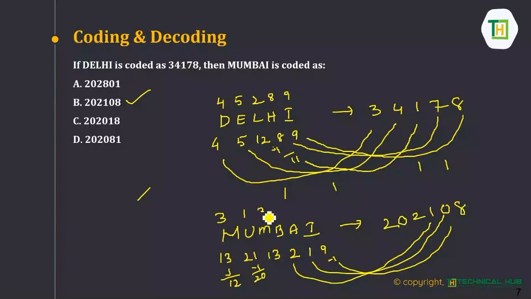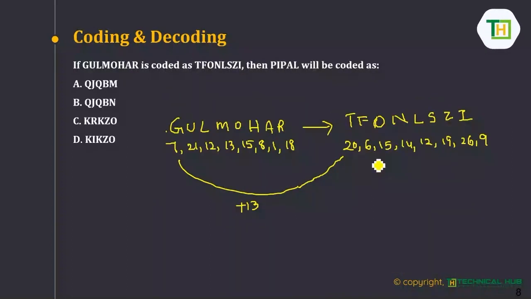So 7 is changed to 20, means adding plus 13. 21 is changed to 6, means adding or subtracting, no problem. Adding means after 26, 1, 2, 3, or subtracting. 21 is changed to 6, means subtract minus 15. And again 12 is changed to 13, means adding 3.